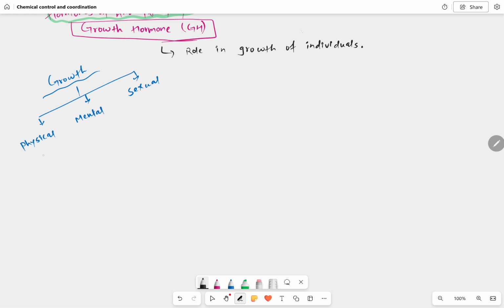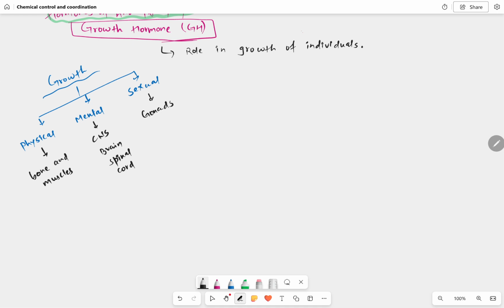Physical growth is basically maintained by bone and muscle. Mental growth is seen in the brain and CNS, that is, brain and spinal cord. Sexual growth is the development of gonads.